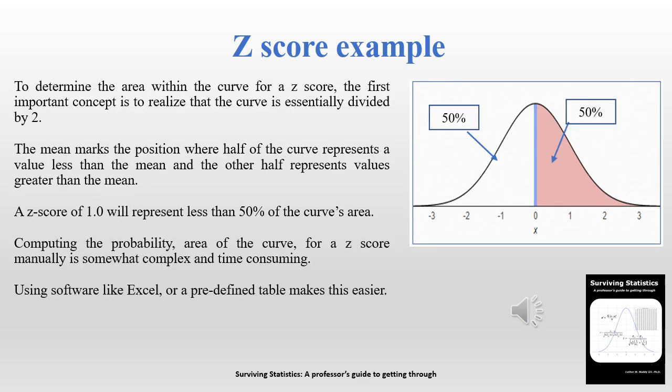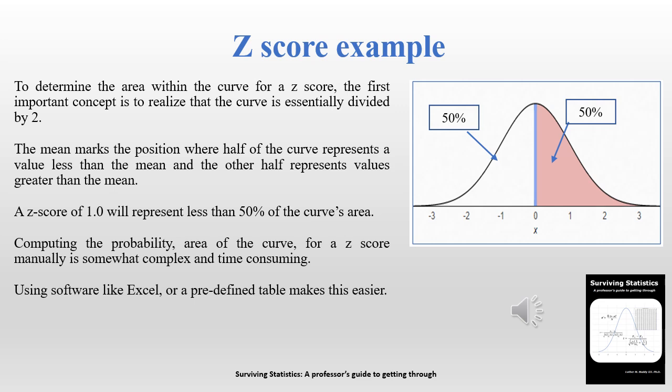We've computed a z-score of 1. Remember, we're trying to answer the question: what is the probability, the likelihood, of finding a value 110 or greater by surveying an individual at random? To do that, we remind ourselves that the normal curve is separated in half.